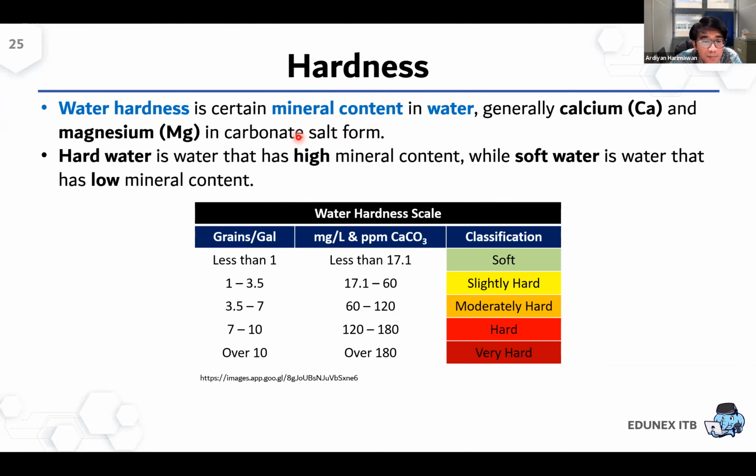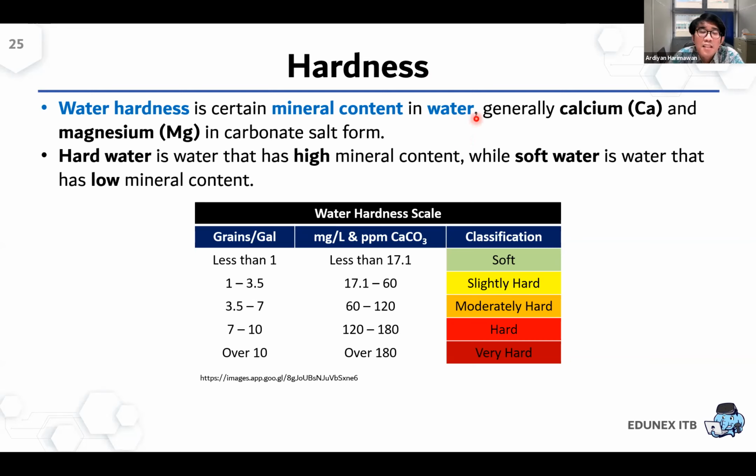Gamma? Yes, sir. Have you heard the term hardness or hard water? Yes, sir. It's the amount of mineral content in water, right? Hard water, for example, would leave scales on your things at home.